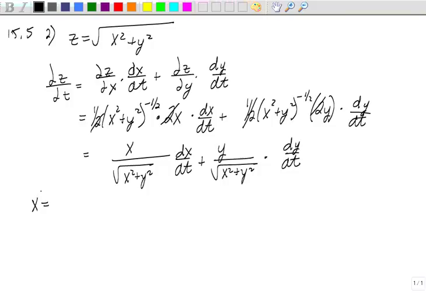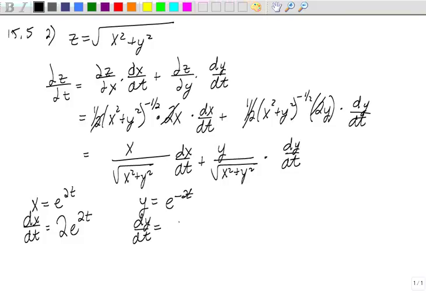X is a function of t, so x in this case is e to the 2t, so dx/dt is 2 e to the 2t, and y is e to the minus 2t, so dy/dt is e to the minus 2t times minus 2.